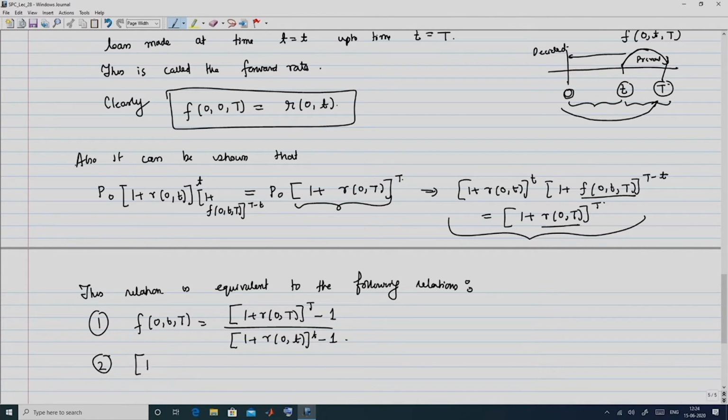So, this you can solve to be 1 + r(0, T). So, we take the 1 over capital T root on both sides. So, this becomes (1 + r(0, t)) raised to t over capital T, into (1 + f(0, t, T)). Again this is going to be raised to (T - t) over capital T.